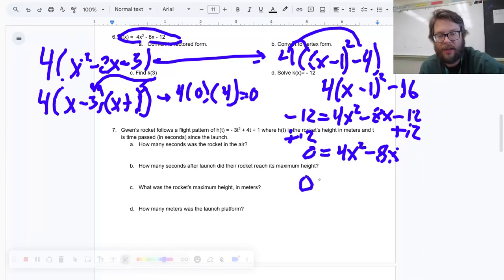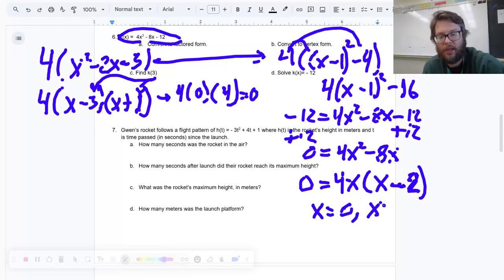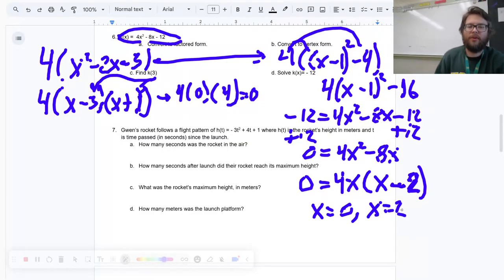Both of those have a 4 in common and an x in common. 4x times x is 4x squared. 4x times 2 is 8x. So my two values are x equals 0 and x equals 2. And we're done with that part.